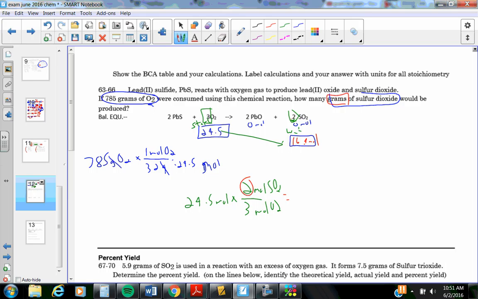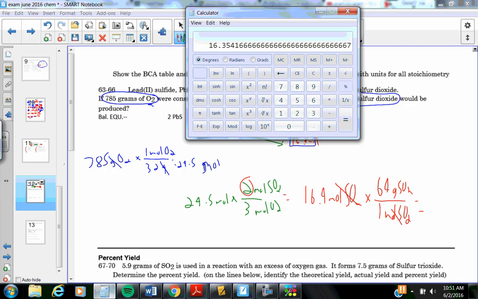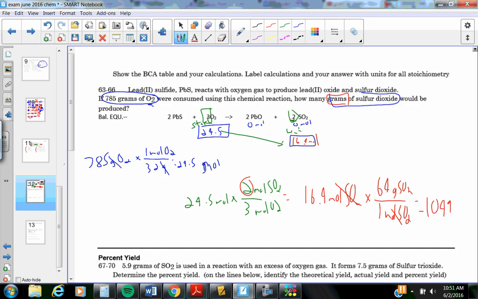So this equaled 16.4 moles of SO2. 1 mole of SO2, 2 oxygens and a sulfur, is 64 grams of SO2. 16.4 times 64 is 1,049.6 grams.